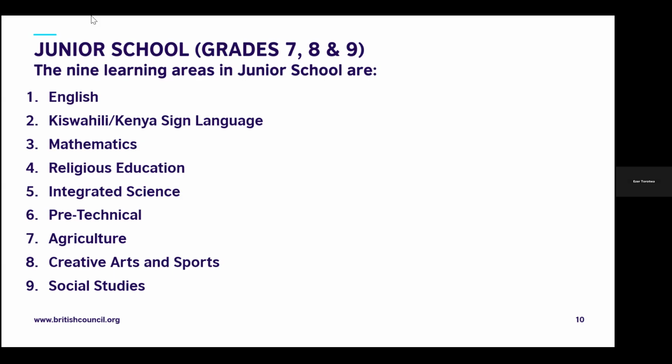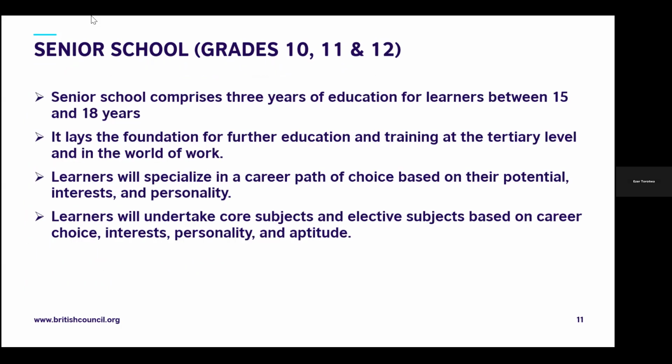There are these subjects that are learned in junior school. We have English, Kiswahili, Kenya Sign Language, mathematics, religious education, what we always refer to as CRE, but we also have the Islamic one, IRE, integrated science, technical. We also have agriculture, creative arts, and social studies.